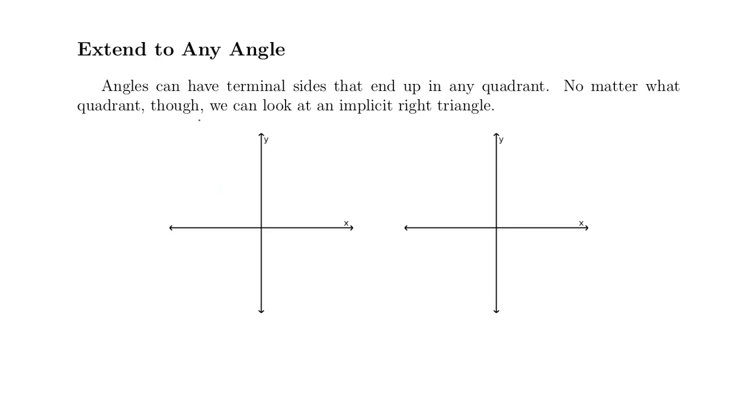We know that an angle has an initial side and a terminal side. What we've been looking at is something like this. So here's our angle. Let me throw our little arrowheads on here.